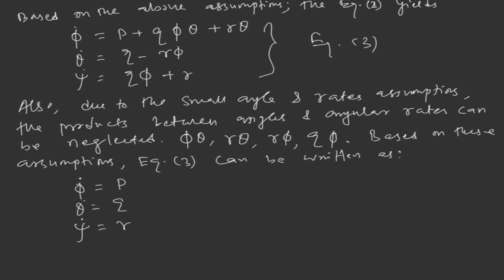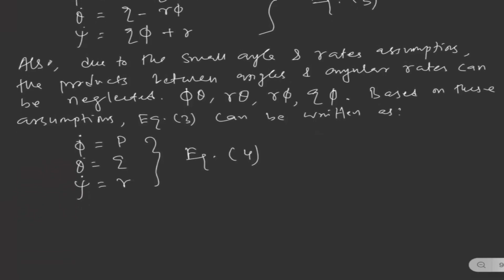So if you notice, this equation comes to a nice form, but we need more treatment on the other moment equation also. So let's write, this is equation number 4.